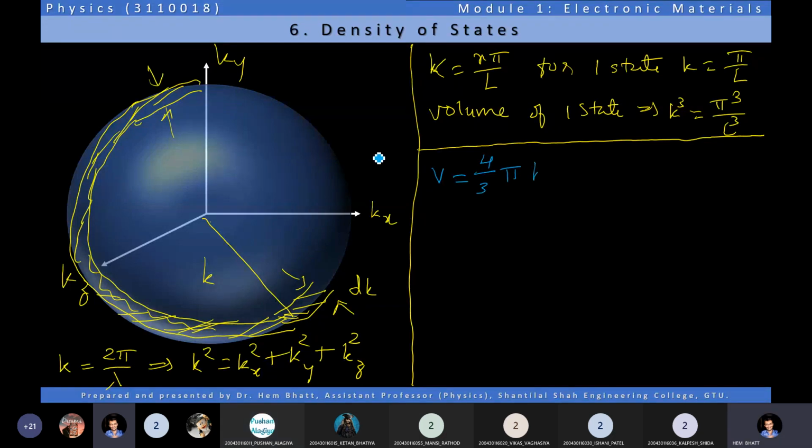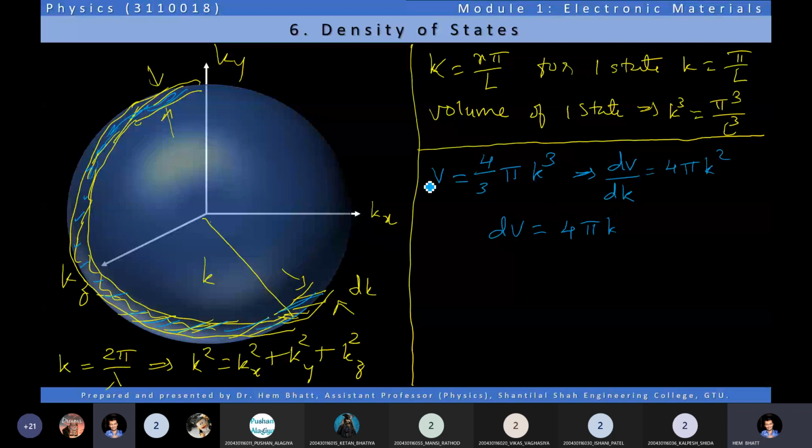But here instead of radius it is k, right? So k cube will come. Now what will dv by dk be? Because I want the volume of only that part. I want volume of this small thickness dk only. I don't want the volume of the whole sphere. So I will take dv by dk. What is it? 4 pi k square. Very good. And hence dv is 4 pi k square dk.